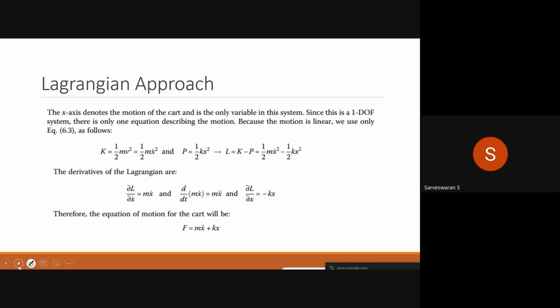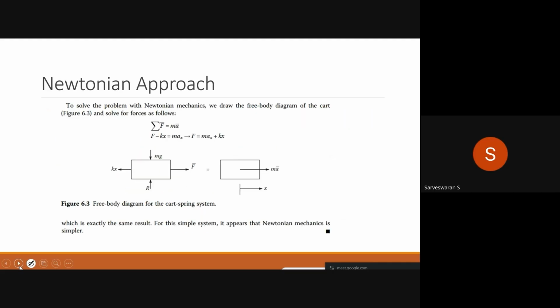First we will see the Newtonian approach. This is the free body diagram, where the force is provided, and this is the reactive force, and this is the gravity, and this is the reaction force.